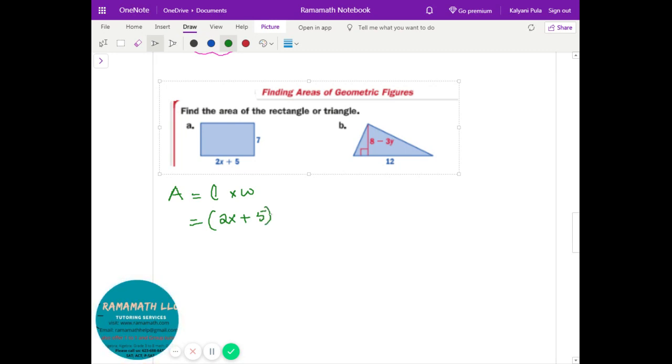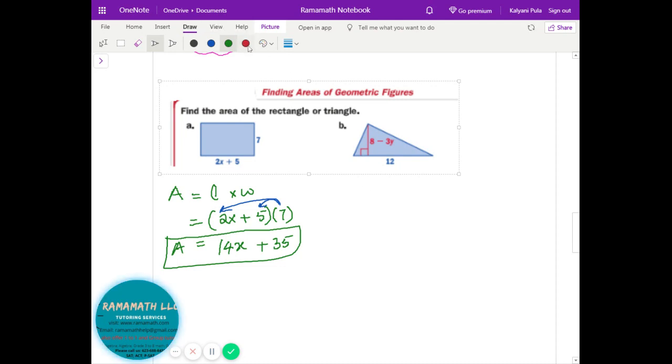Agree? And the width is 7. Oh yeah, I know the distributive property. Let me go ahead and do it. Multiply like this. So that's 7 times 2, a 14x, plus 7 times 5, 35. Make sense? So that's the area. I don't see like terms, that's my answer.